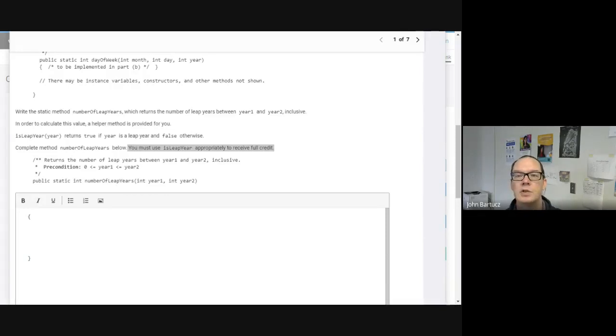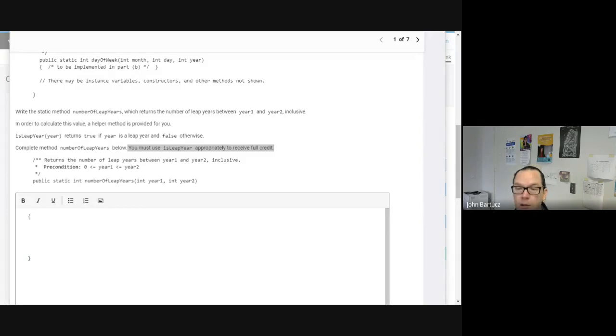All right, so Peter had a good idea. Arhan had a good idea. The one thing is, remember what I said about the difference between while loops and for loops, right? When do you use a while loop and when do you use a for loop?